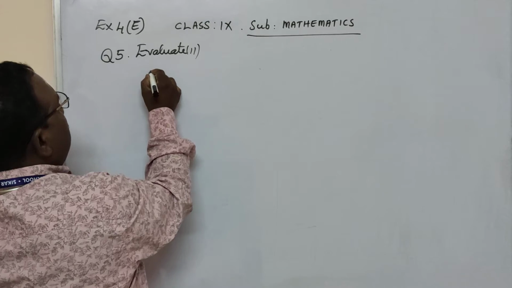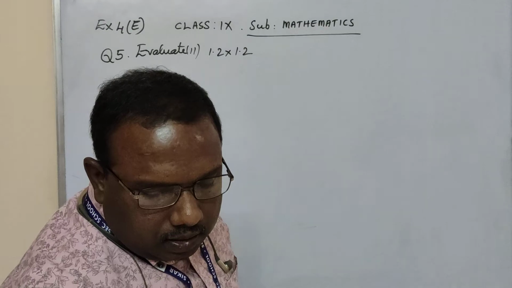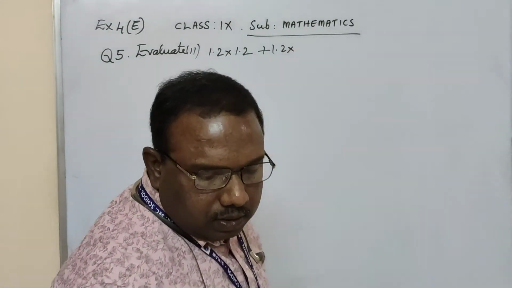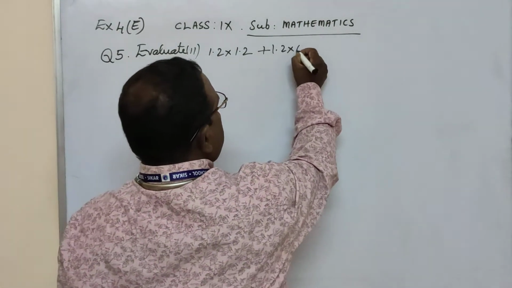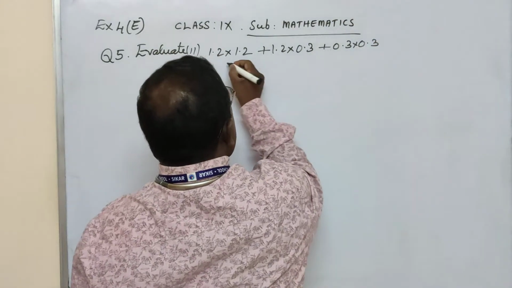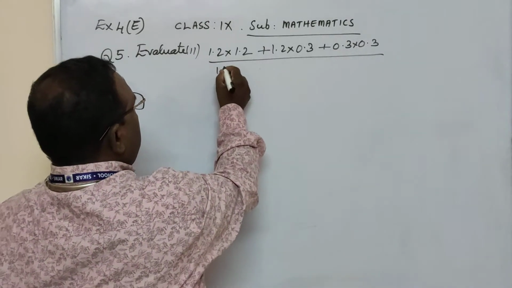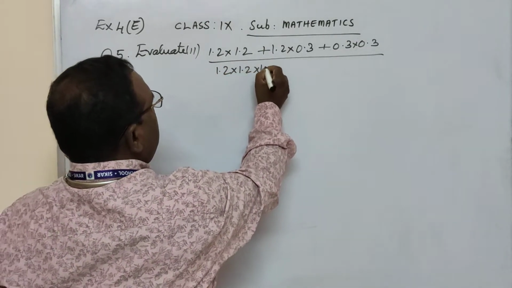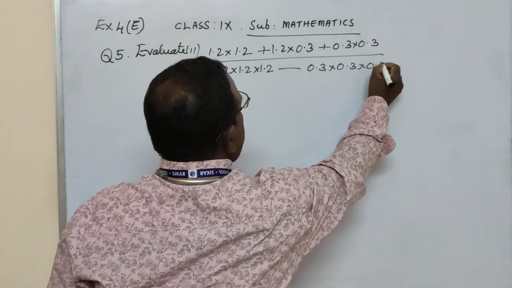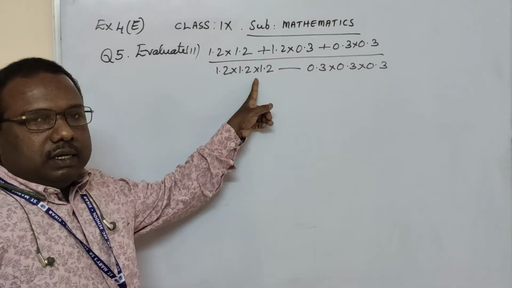Evaluate 1.2 into 1.2 plus 1.2 into 0.3 plus 0.3 into 0.3 all divided by 1.2 into 1.2 into 1.2 minus 0.3 into 0.3 into 0.3. This is the question. All of you look in your textbook and read the question and write.